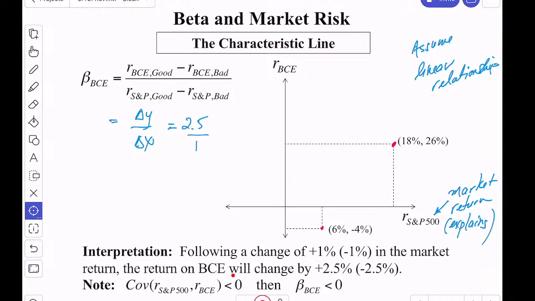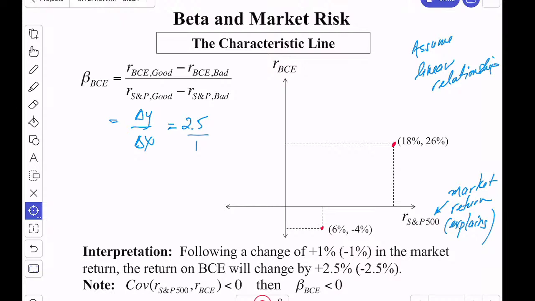Right, and then I just make a point here that if there's a negative correlation between the market and the returns, then the slope will be negative. In this case, it was positive. So this is coming full circle with everything I taught you.